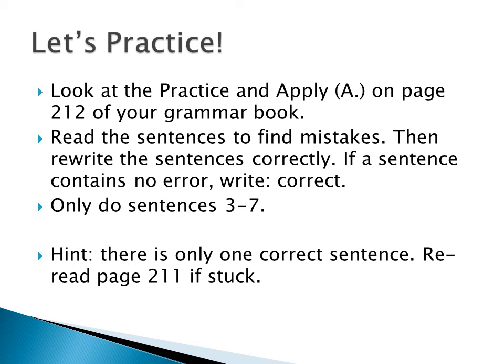Especially pay attention to that little watch out signal on page 211, because you might have a sentence that falls into that category where a compound subject refers to a single thing or idea. Make sure you go back and read if you need to, if you get stuck on any one of these sentences. Go ahead and press pause and then play when you're ready to continue.